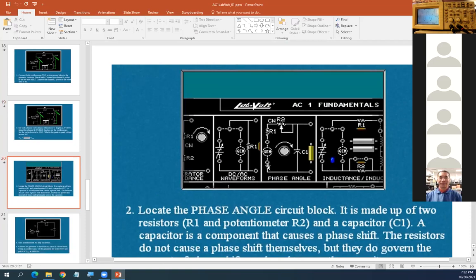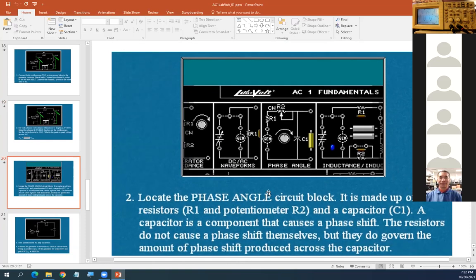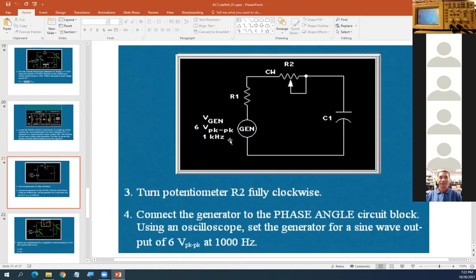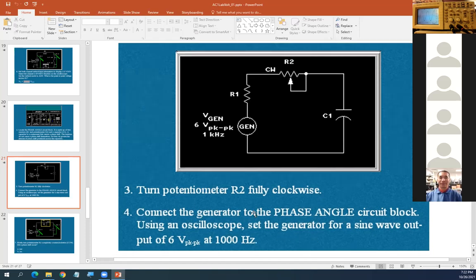Okay, and the last one for this part will be trying to measure the phase angle. This circuitry here, they're telling you turn potentiometer full clockwise, connect generator to this circuitry and set to whatever frequency.